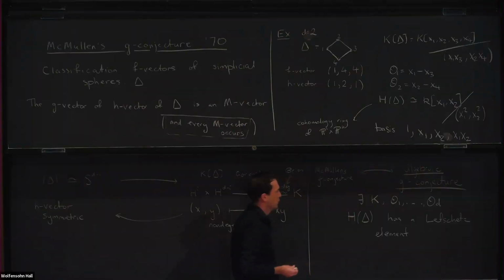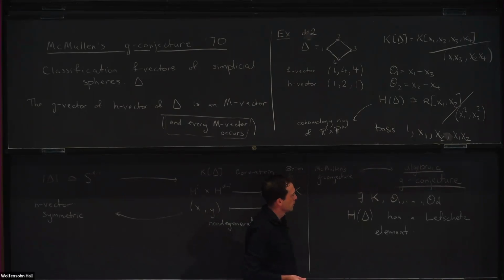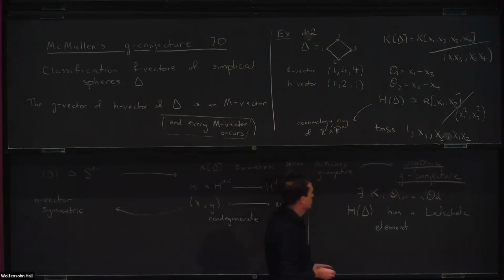And why does this solve the g-conjecture?